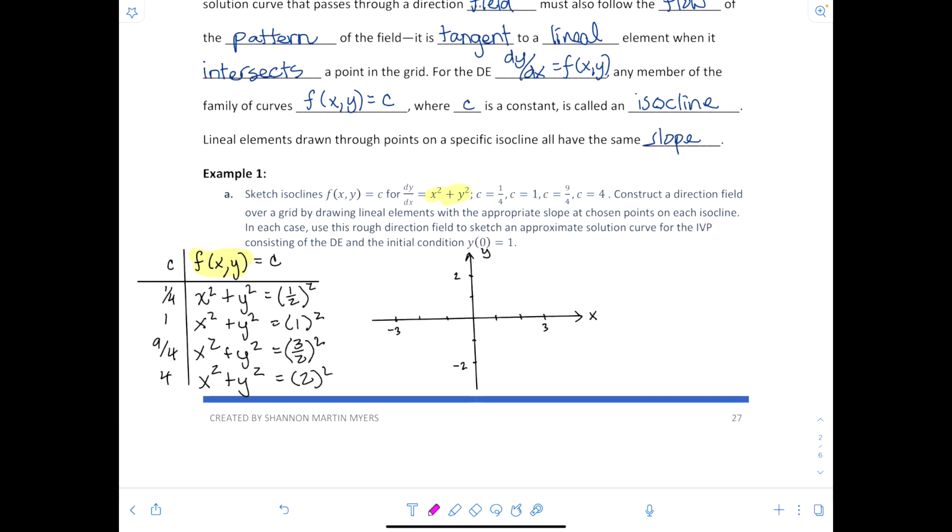All of these have a center at the origin, 0, 0. And then the first one has a radius of 1/2. So my circle will look something like this. All right, hopefully that's close enough. I think so. So that's my first circle, and that was for c is a quarter.